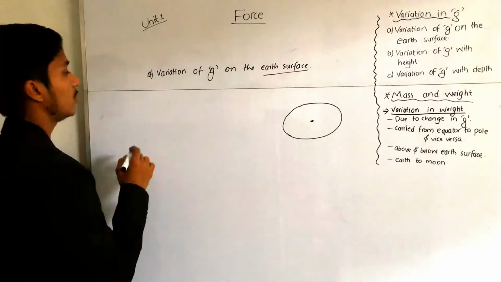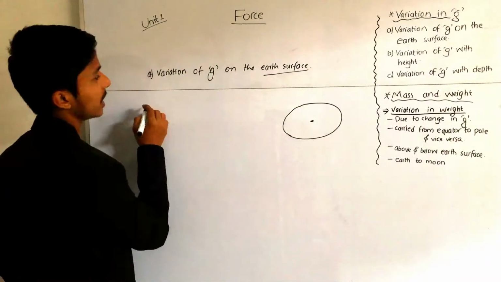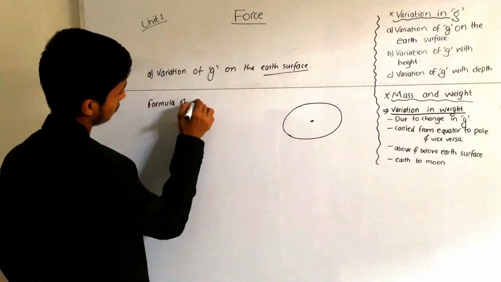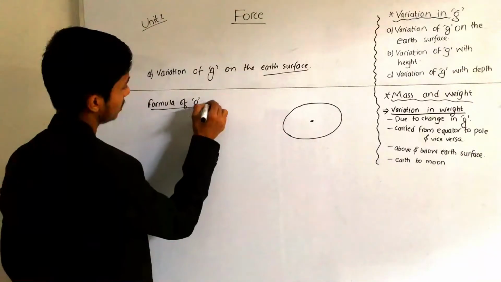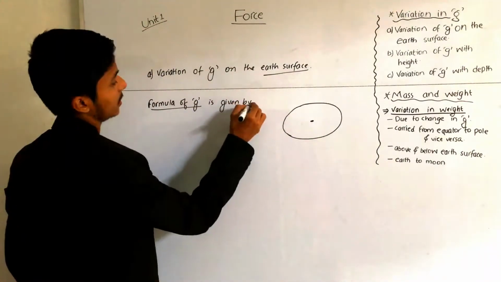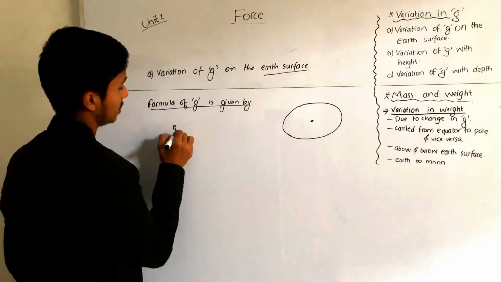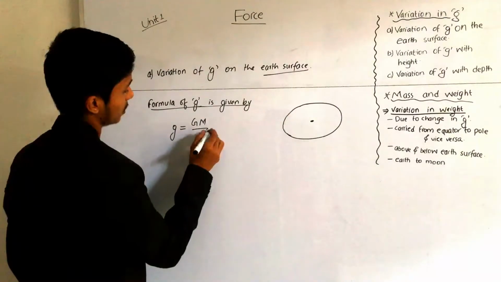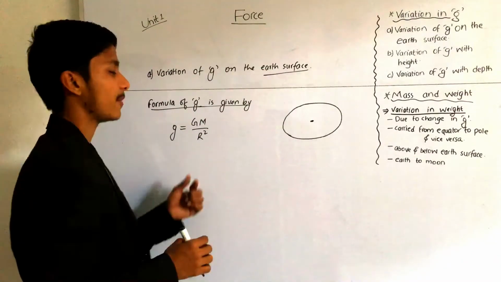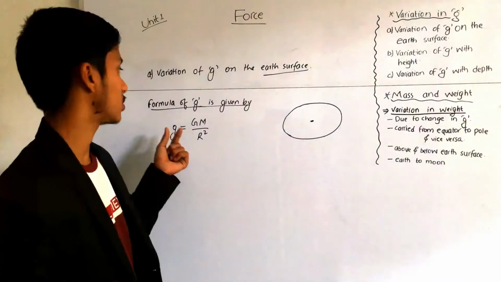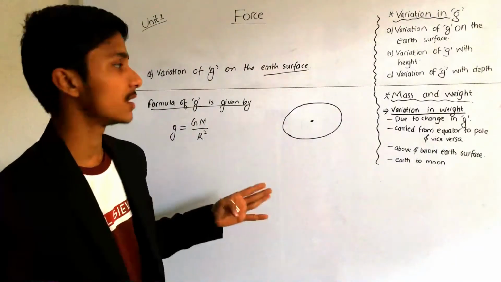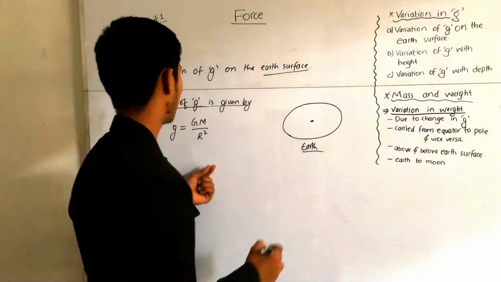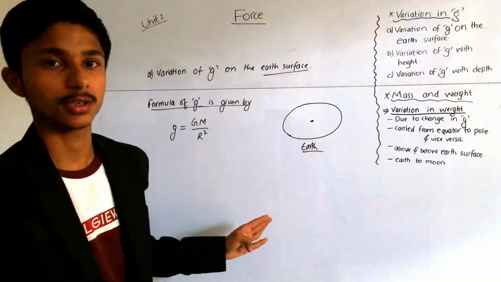And we know the formula of acceleration due to gravity is given by g is equal to capital G capital M by R square, where capital G is the universal gravitation constant, capital M is the mass of the earth, and R is the radius of the earth.